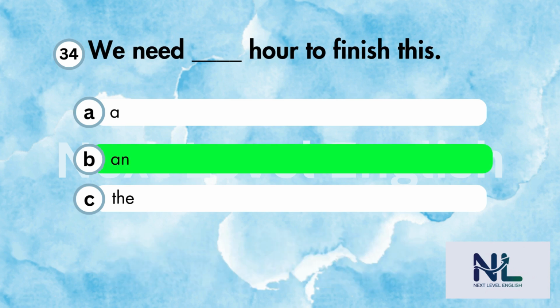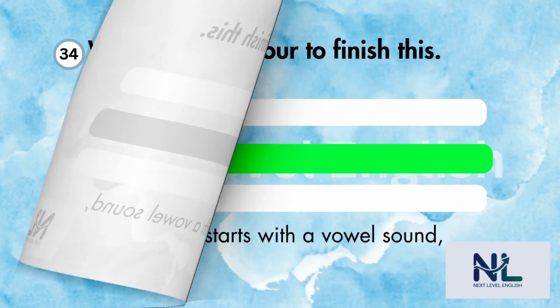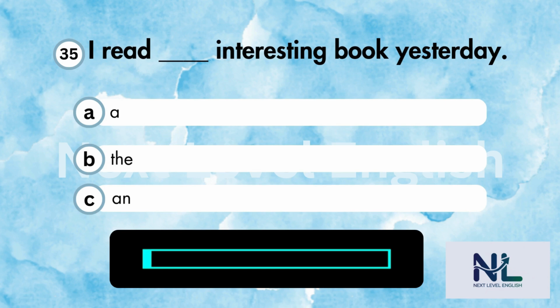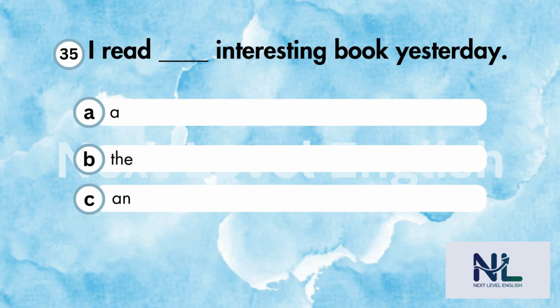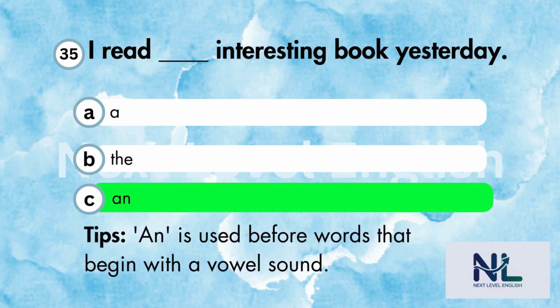An. Tips: hour starts with a vowel sound, so use "an". 35. I read an interesting book yesterday. An. Tips: "an" is used before words that begin with a vowel sound.